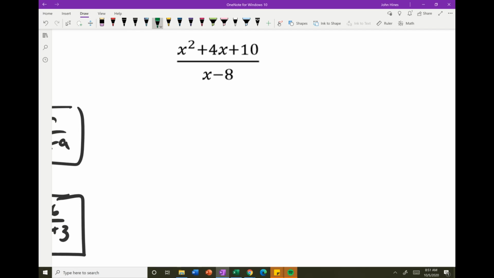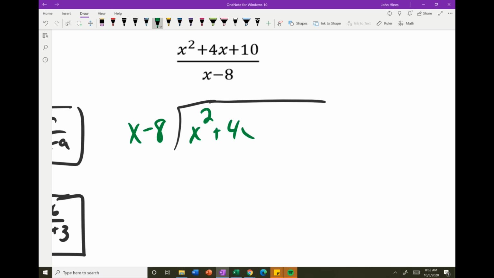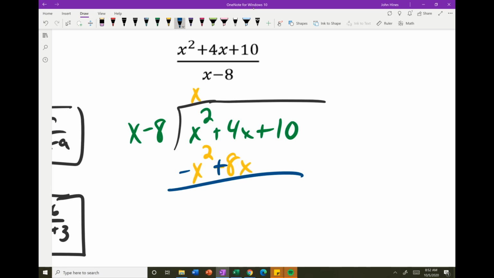All right, I'll do a long division for my long dividers out there. I've got x minus 8, and I'm dividing x squared plus 4x plus 10. So what times x is x squared? Well, x squared minus 8x. Change my signs to subtract. 12x plus 10 plus 12. 12 times x is 12x. 12 times negative 8, I believe, is negative 96.